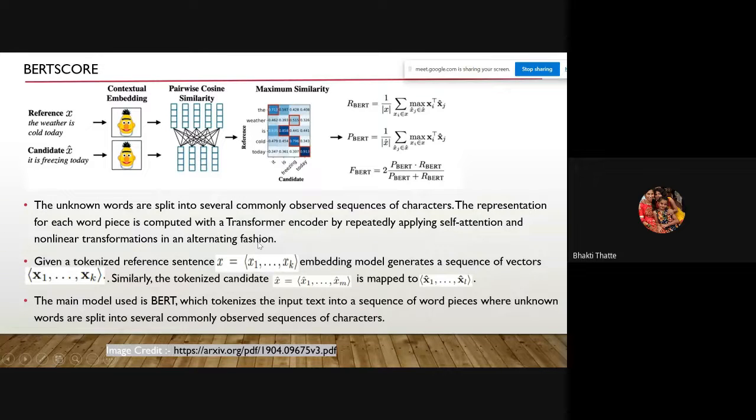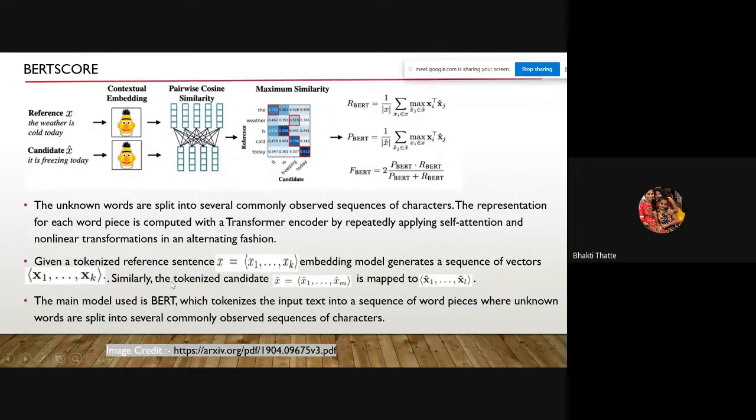Like how I explained in the previous slide, the word "fair." Through the transformer encoder, it will repeatedly do self-attention and get the vectors to pull out the exact meaning or the exact context of the candidate sentence.